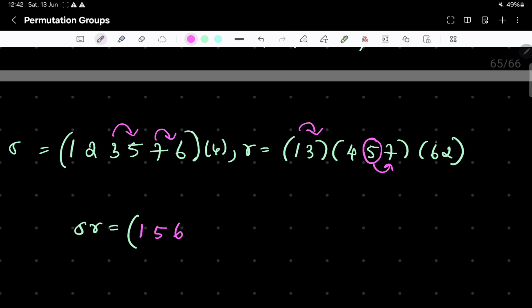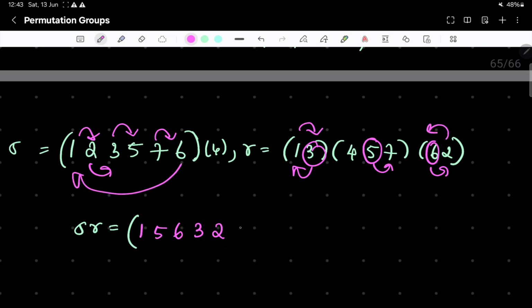Now start 6 here. 6 goes to 2. 2 goes to 3. Now start 3 here. 3 goes to 1. 1 goes to 2. Now start from 2. 2 goes to 6. 6 goes to 1. So 6 goes to 1 means 1 is already there, so you close this.